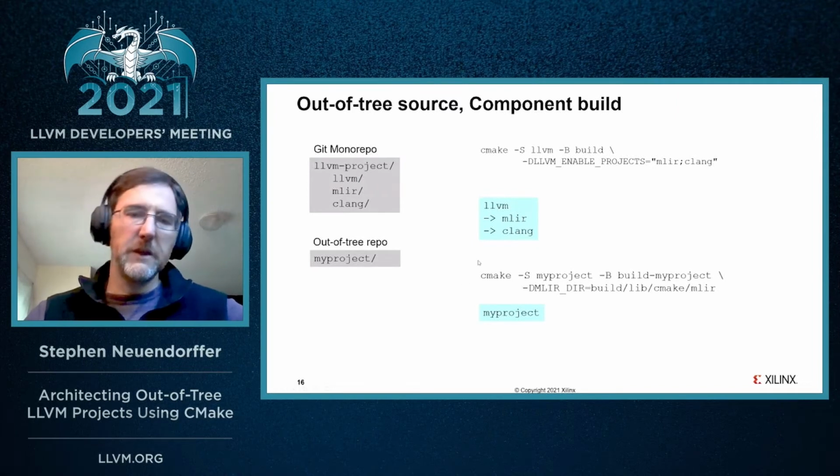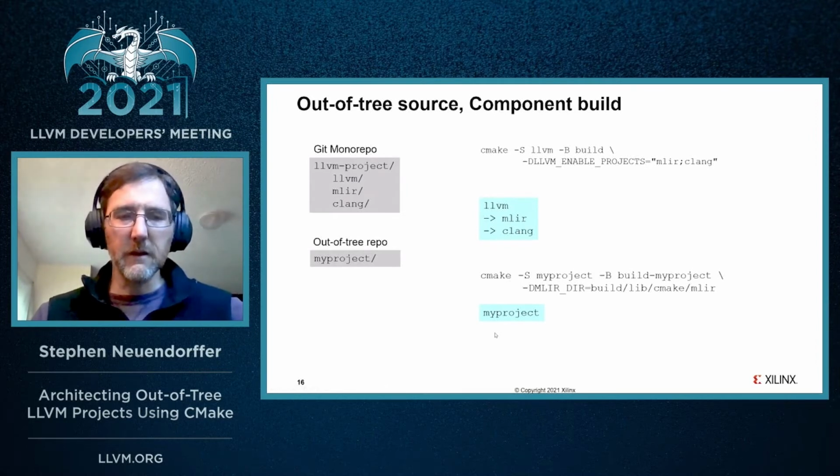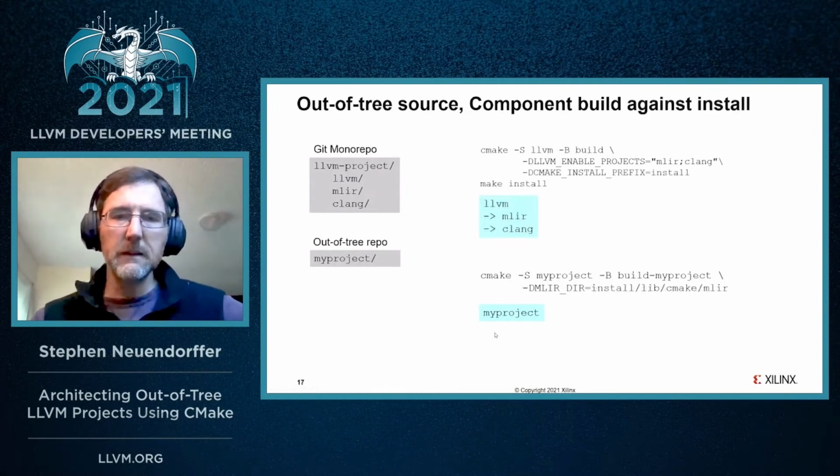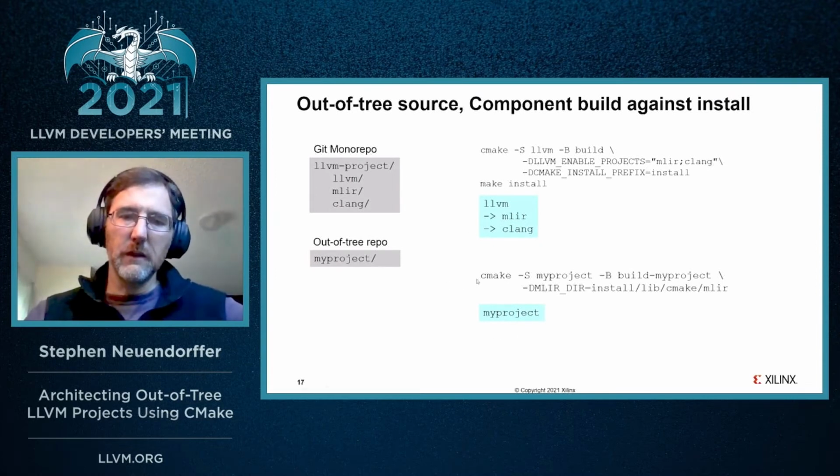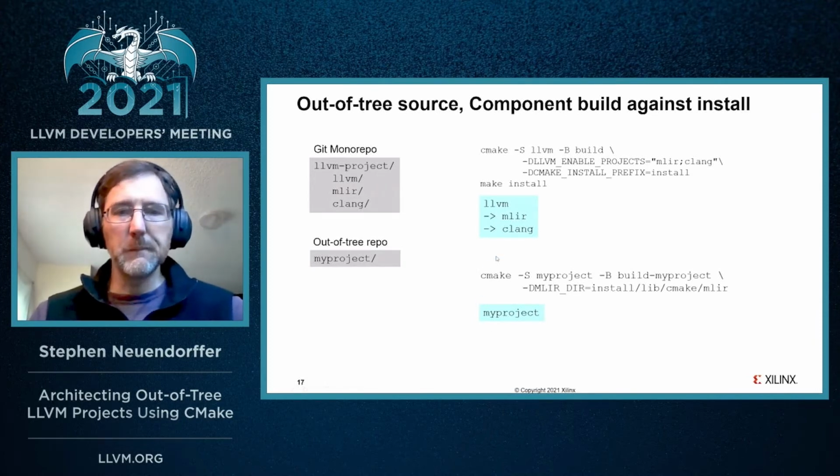This makes use of information that is exported from LLVM into our build in order to configure our project. One advantage of this process is that we can also install LLVM into a location, and our project can also be built against an installed version of LLVM.